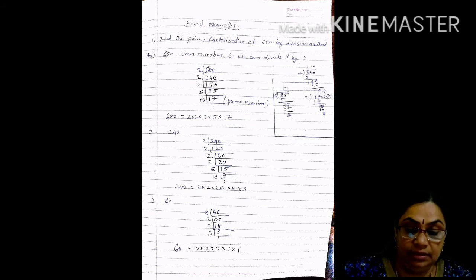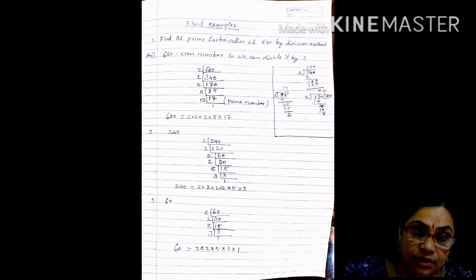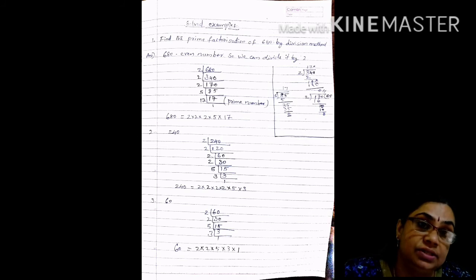Now 85 is not an even number, it has 5 in its unit place, and 8 plus 5 is 13, so it cannot be divisible by 3.